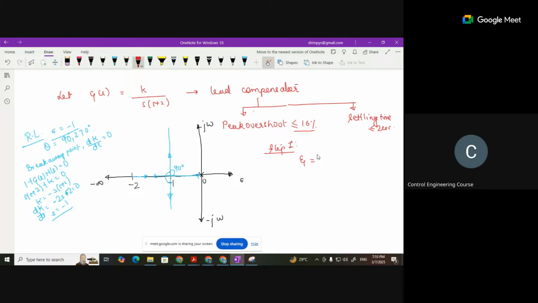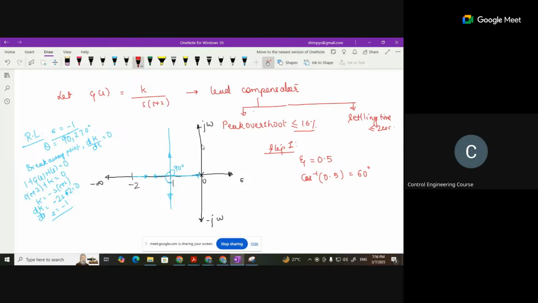If you calculate the value of zeta, it will come out to be 0.5. And now this zeta equals 0.5 line is making an angle that will come out to be cos inverse of 0.5, which is 60 degree with the negative real axis, right?